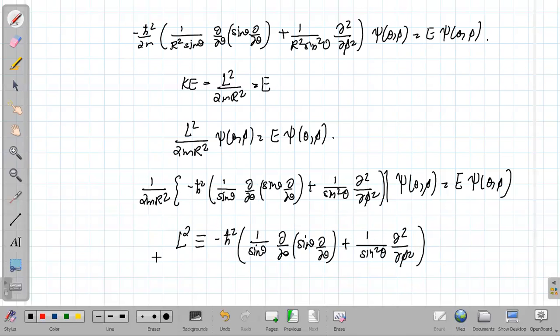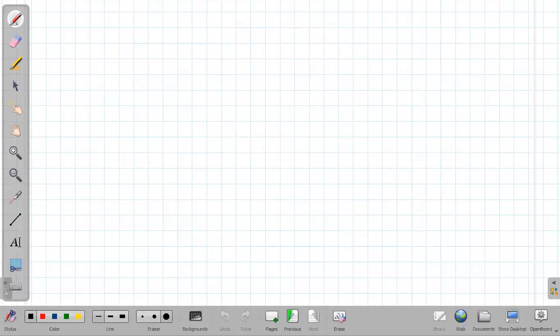Now the eigenfunction of L squared is what is called the spherical harmonics. So we can write L squared acting on Y_lm(theta, phi) with the eigenvalue written as l(l+1) h cross squared times Y_lm(theta, phi).